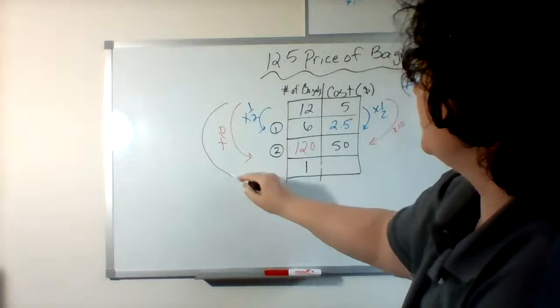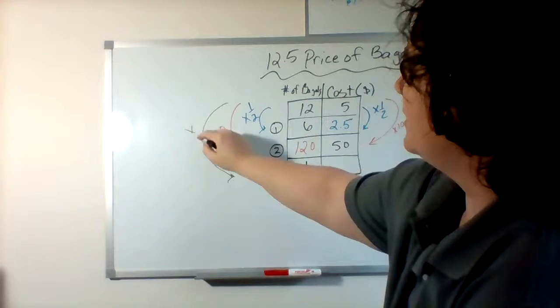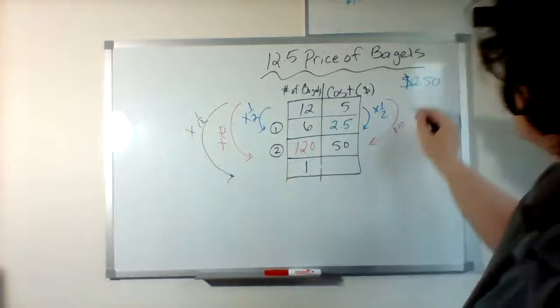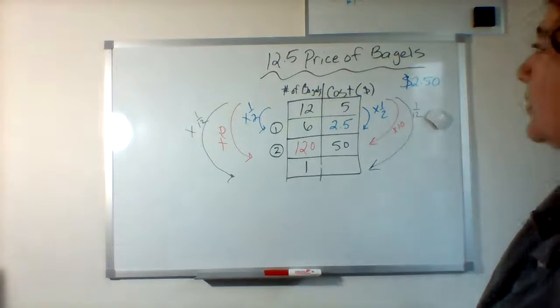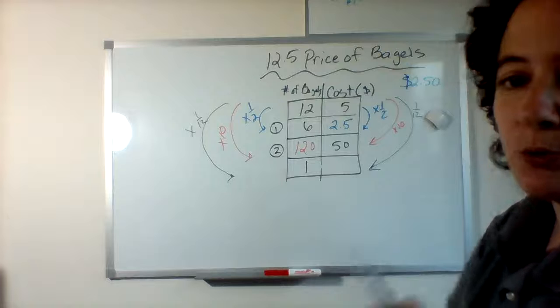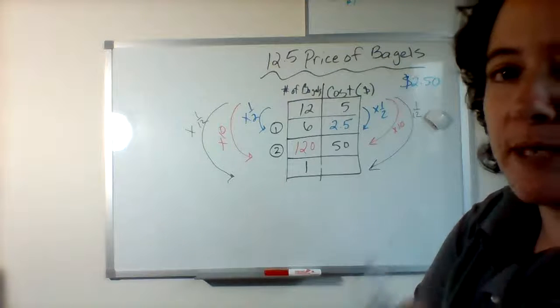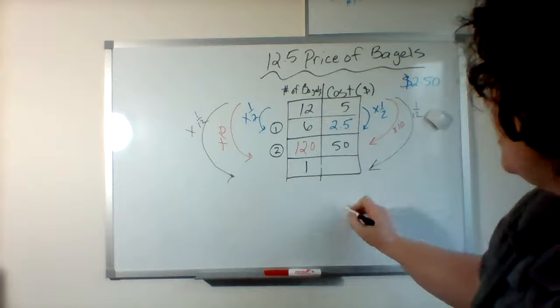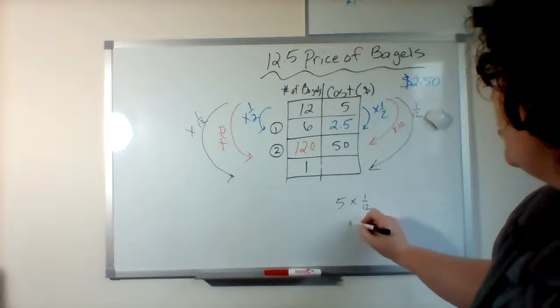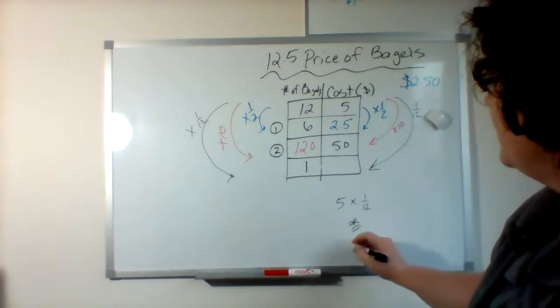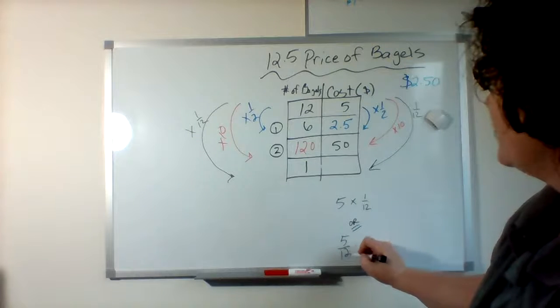To get from here to here, you multiply by 1/12. What is 5 times 1/12, or 5 divided by 12? I'm asking you, what is 5 times a 12th, or what is 5 divided by 12?